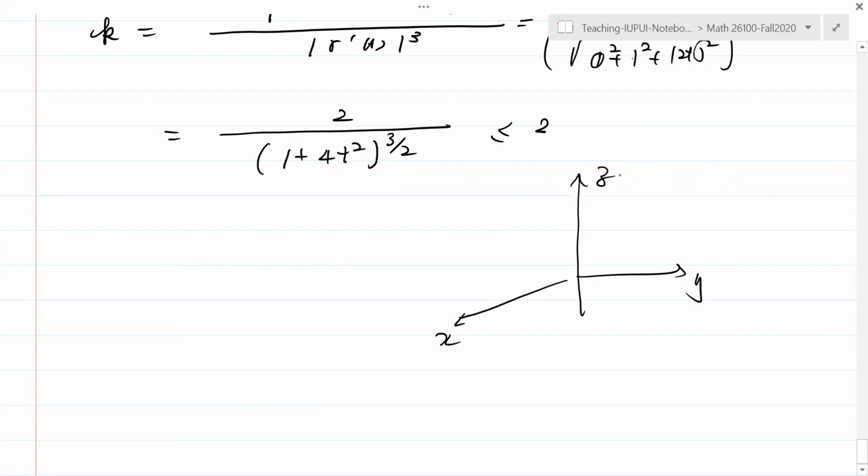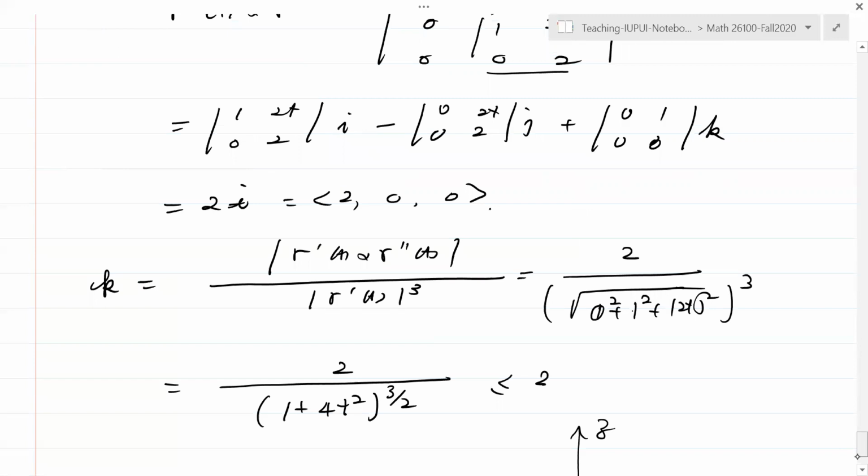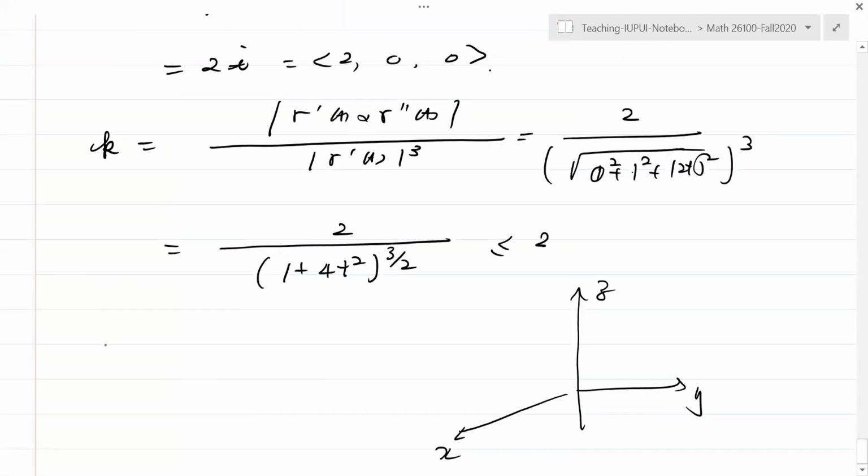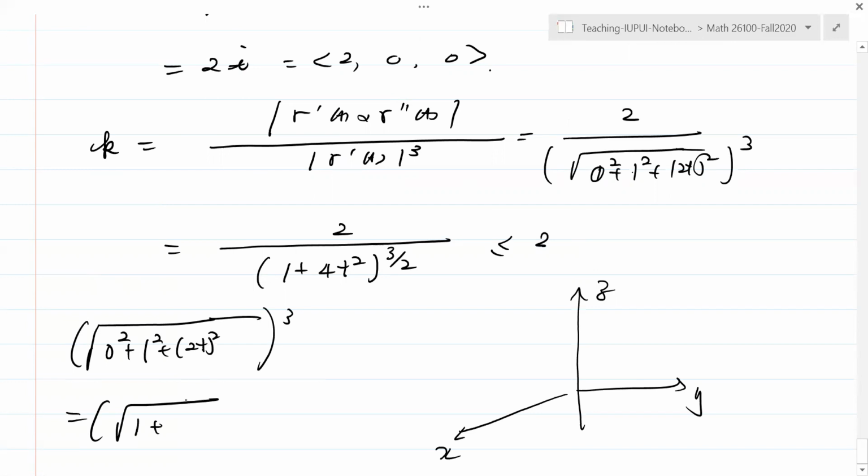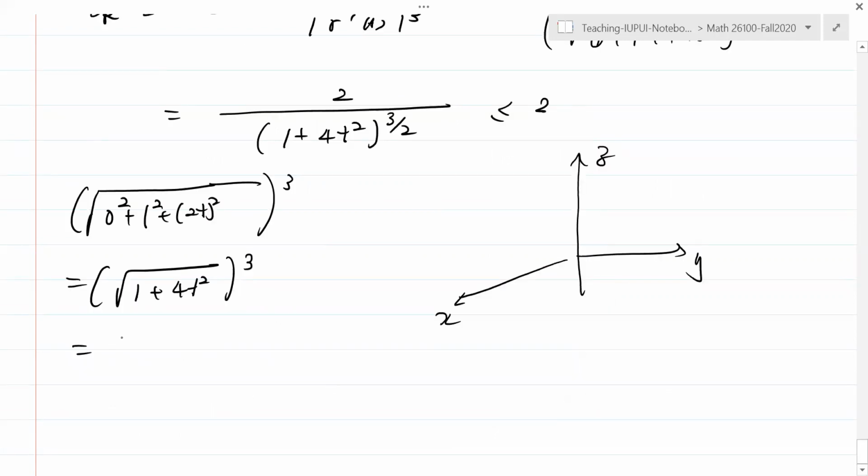Sure: it's 0 squared plus 1 squared plus 2t squared, which is 1 plus 4t squared, and the square root is that to the power of 1/2, then cubed.